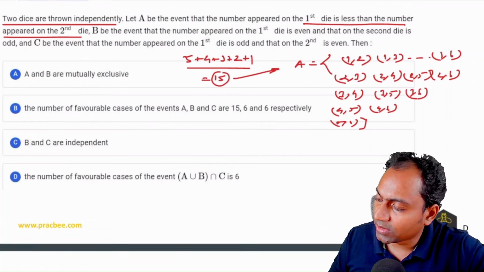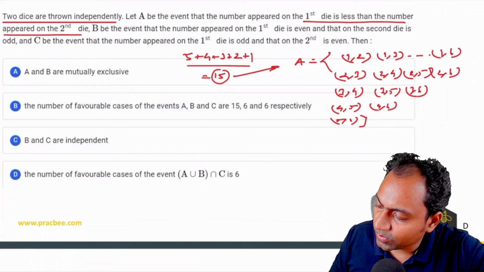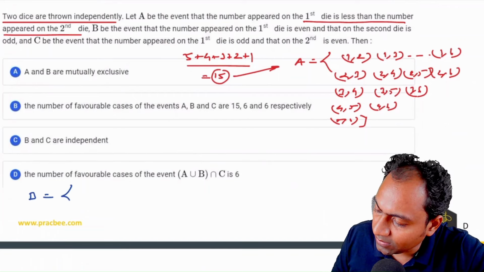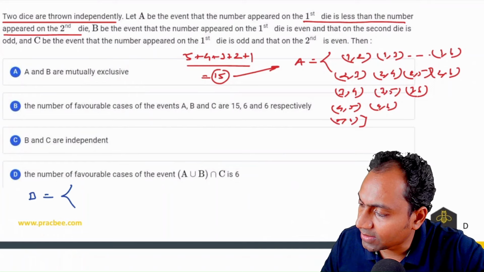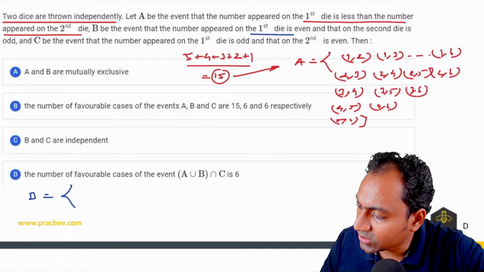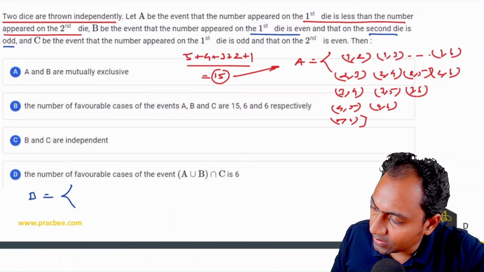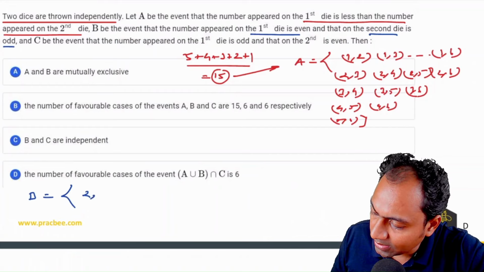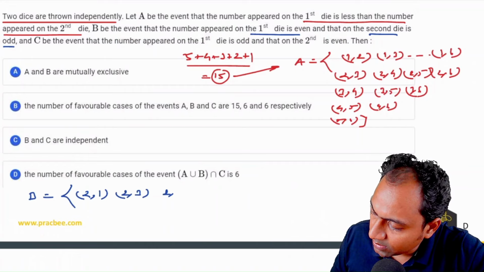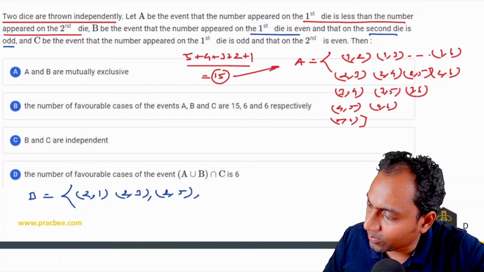Another thing they are telling us is that there also needs to be an event B. What they are saying is that B is such that the number appearing on the first die is even and the second one is odd. So if I put an even number on the first die like 2, I can write 2, 1, then 2, 3, then 2, 5, and these are the only possibilities, since the second die is odd.